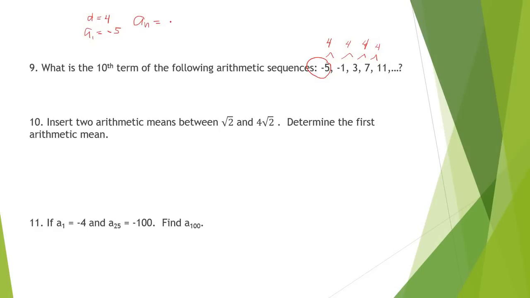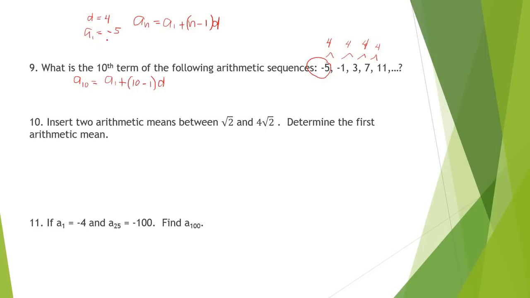To determine the nth term, we can simply use the formula: a sub n is equal to a1 plus n minus 1 times d. So we can have our 10th term is equal to a1 plus n, where n is equal to 10, minus 1 times d.